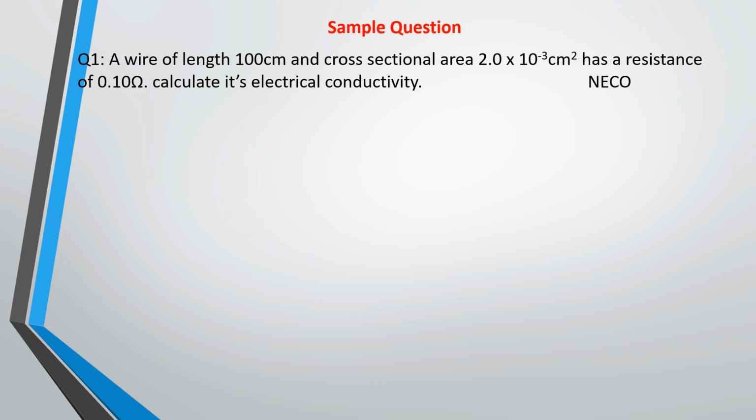Okay, so in this particular question, you are given the length of the wire to be equal to 100 centimeters, the area to be equal to 2.0 times 10 raised to the power minus 3 centimeters squared, and the resistance to be equal to 0.10 ohm.